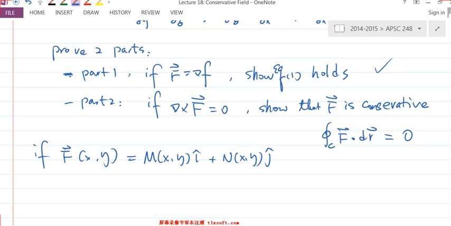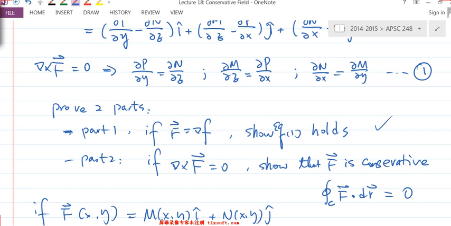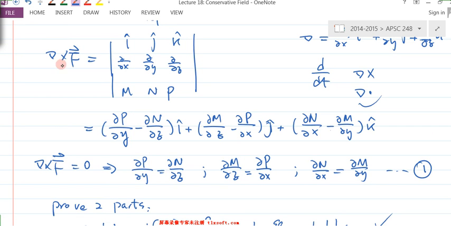And if this is the case, what does that mean for this formula now? There's no p, so for the del cross f, what would be the result? There's no p and there's no z.